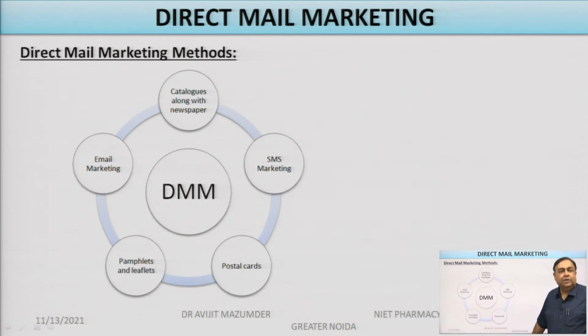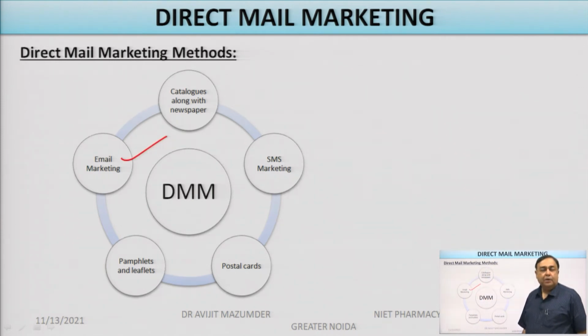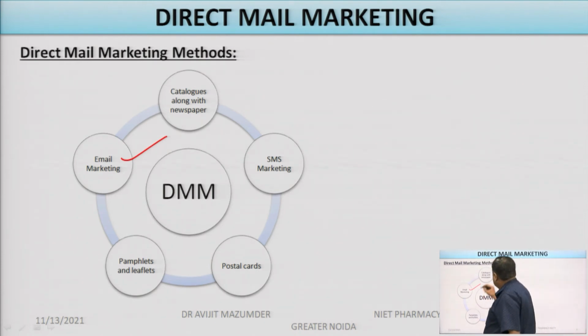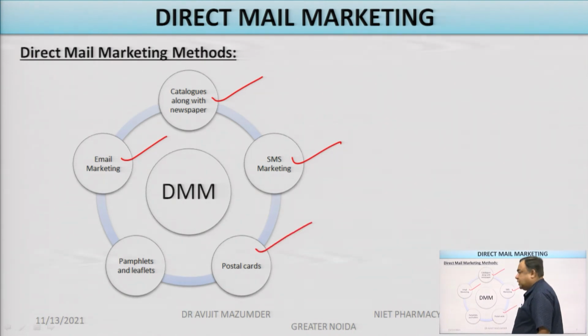What are the various direct mailing approaches which we use? They are in the form of email marketing. You are receiving an email from the company directly. You are receiving a catalog along with the newspaper. You are receiving an SMS on the mobile which you are having. You are receiving a postcard.